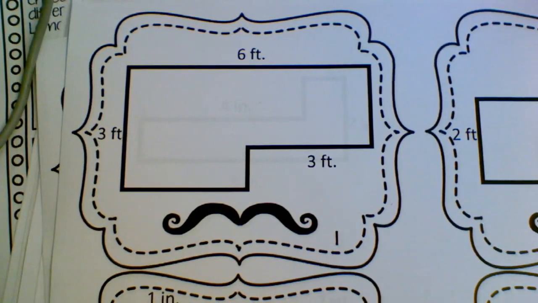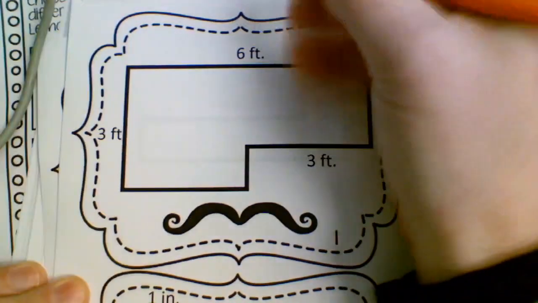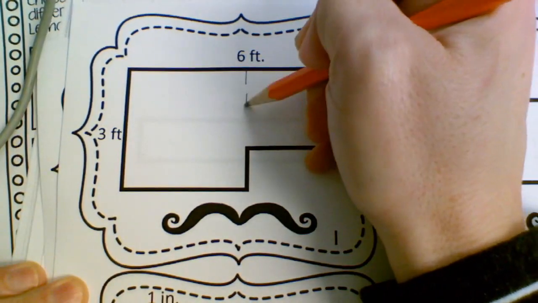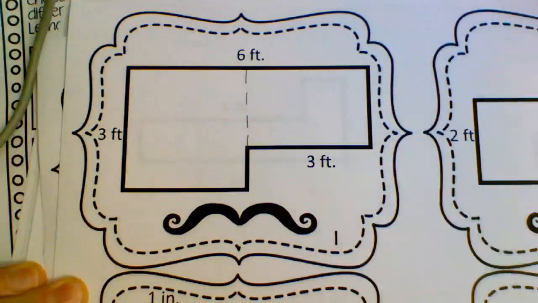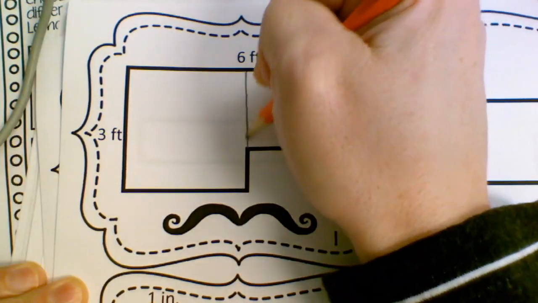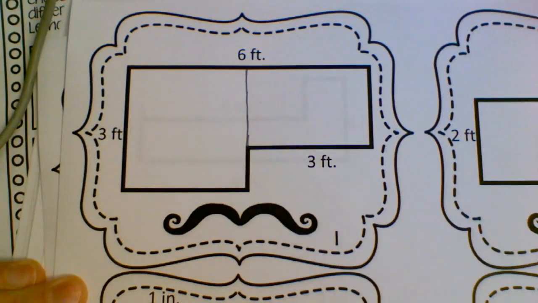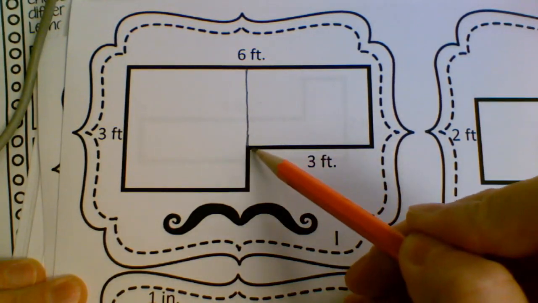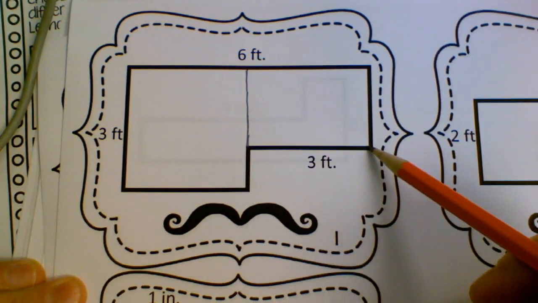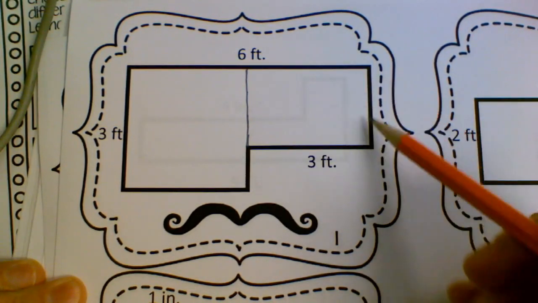So what my eyes see right now is if I could draw my line right here and create a square and a rectangle, then it would be doable. However, I have the width here, but I don't have the length.